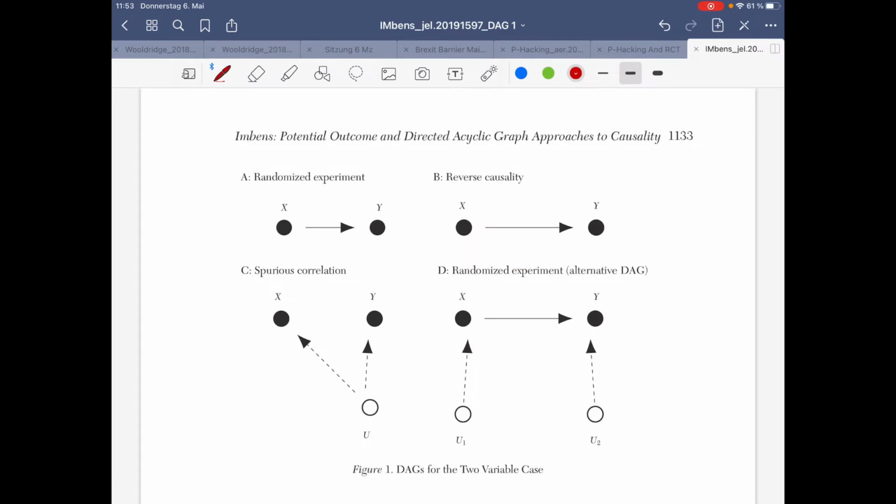So the directed acyclic graphs, DAG, look like that. So in case of a randomized experiment, it's just the treatment and the outcome that is clarified via a graph.